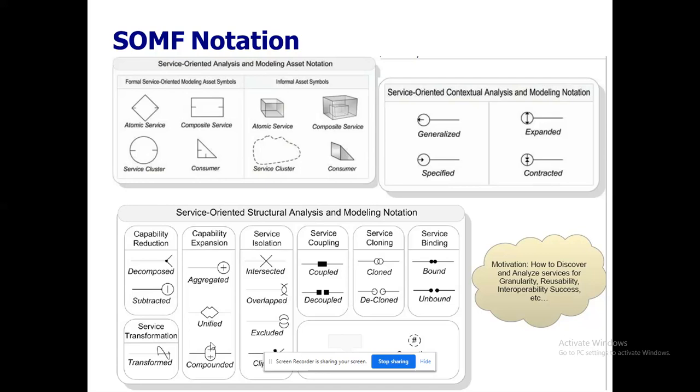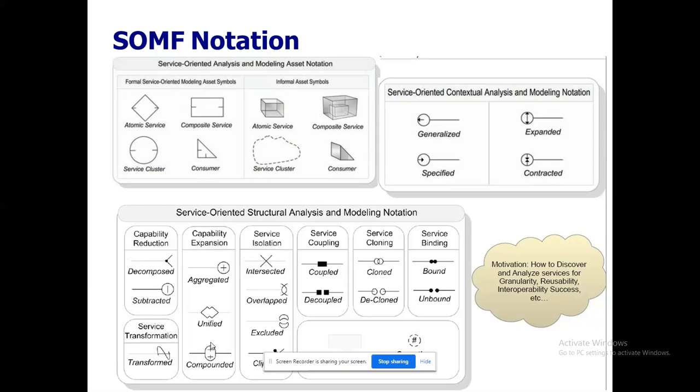Starting from the basic notations, you have 4 categories: generalized, specified, expanded, contracted. Generalized means it is a normal flow. But how will you connect services: service requester, service provider, service cluster, that is my UDDI? To communicate with that, generalized notations are enough.